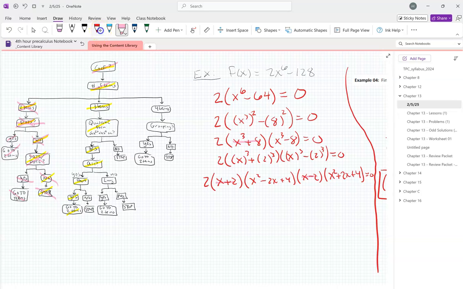Why am I not bothering to check the trinomials down the 3-term branch? Why don't I have an extra step there and suggest we have to check those as well?